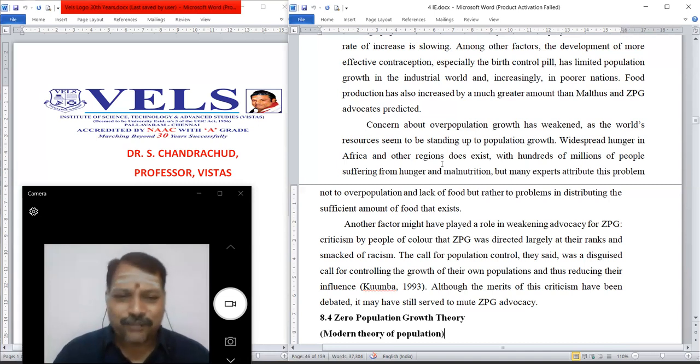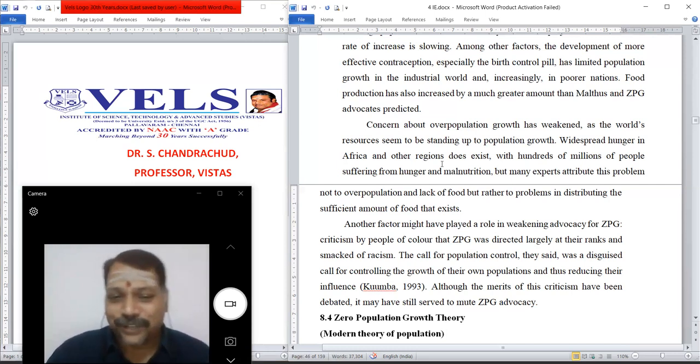The call for population control, they said, was a disguised way of controlling the growth of other people's populations and thus reducing their influence. This was criticized by Kumba, an economist, in 1993. Although the merits and criticisms have been debated, it may still have served to mute the ZPG advocates.